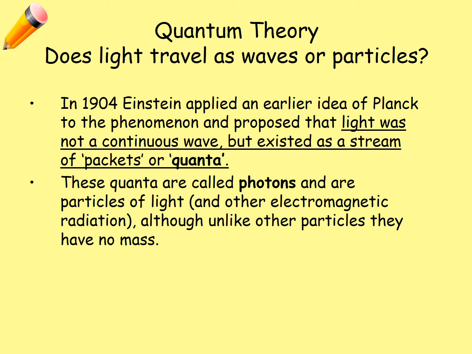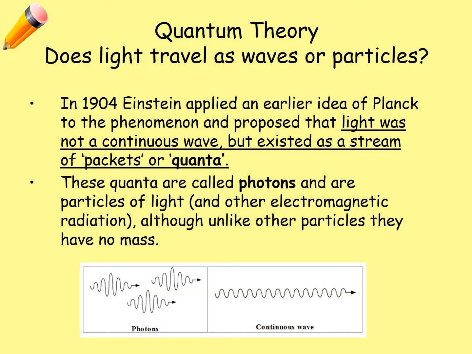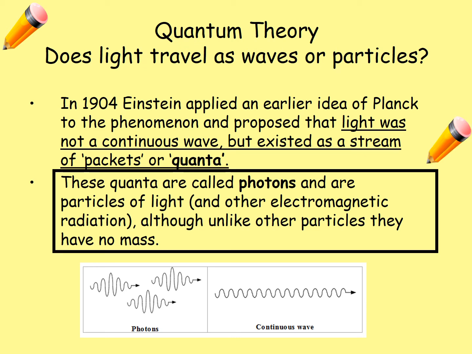Although, unlike other particles, photons have no mass. So instead of thinking of light as a continuous wave, as we see on the right-hand side of this diagram, we need to think of light being made up of little individual packets of energy called photons. And that is a key point.